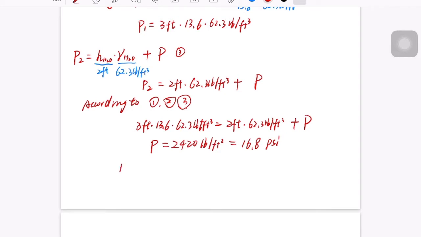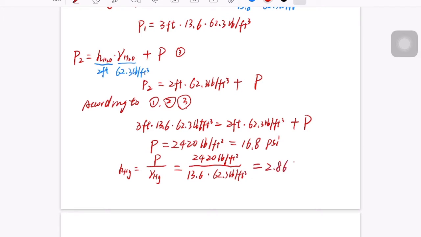So the height of mercury equals P divided by the specific weight of mercury, which equals 2,420 pounds per square foot divided by 13.6 times 62.3 pounds per cubic foot. So that equals 2.86 feet, which equals 34.3 inches. So we have done this problem.